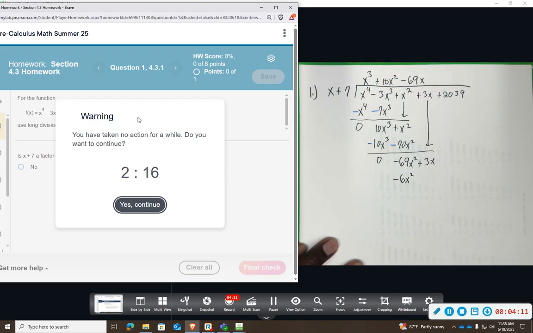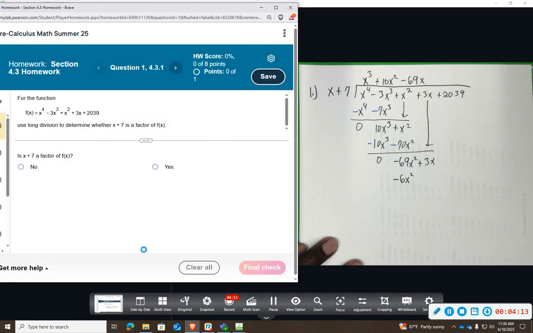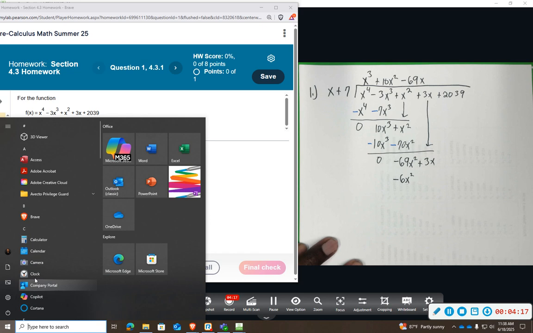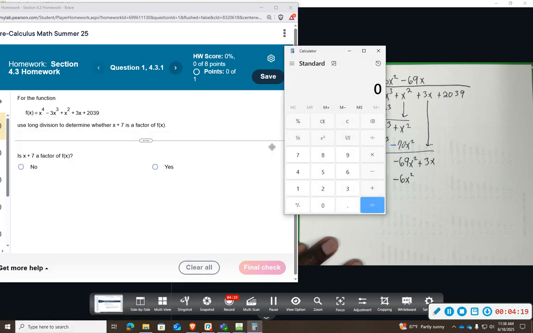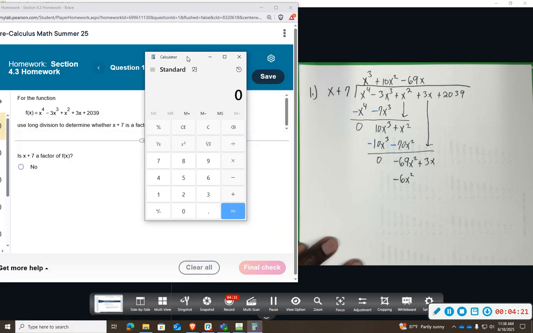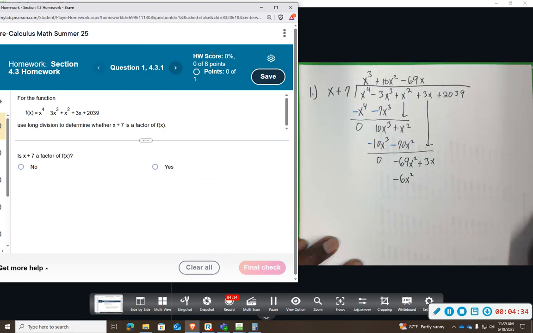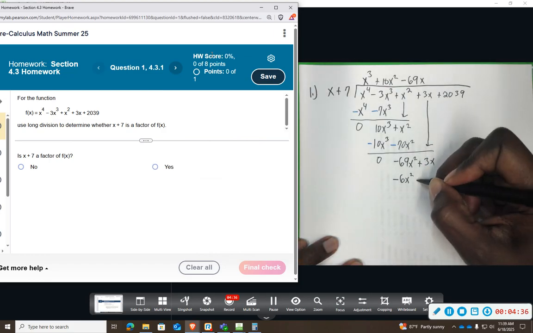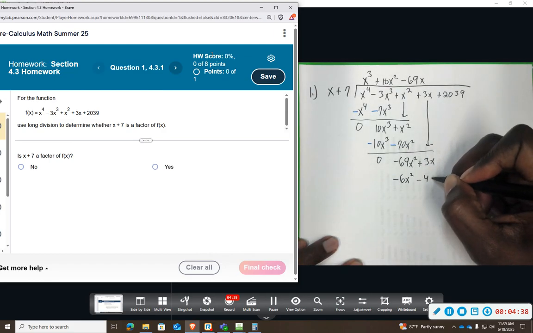We'll use some technology to help us with that. So we're going to do 69 times 7. And so we get 483, and that will be negative 483x.